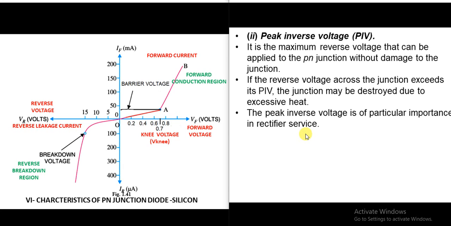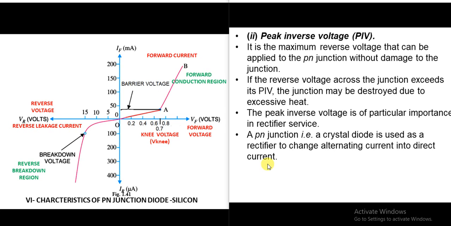This peak inverse voltage is a very important parameter when we are making rectifiers by using semiconductor diodes. This PN junction diode, a semiconductor PN junction crystal diode, is used as a rectifier which will change the AC current or voltage into a DC current or voltage.